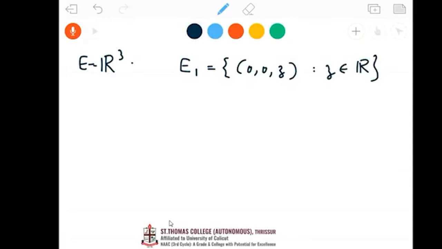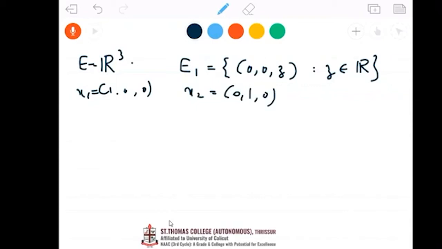It is a subspace of E. In this space, if E is R3 and E1 is this space, then I am taking x1 as (1, 0, 0) and x2 as (0, 1, 0).